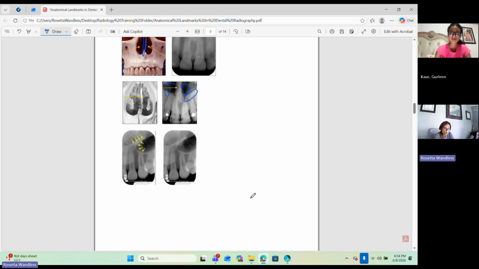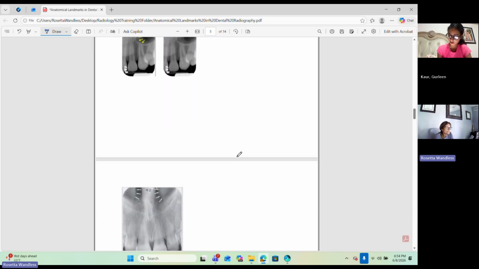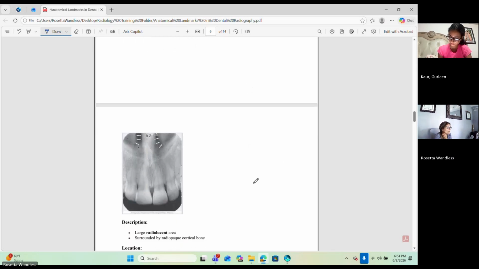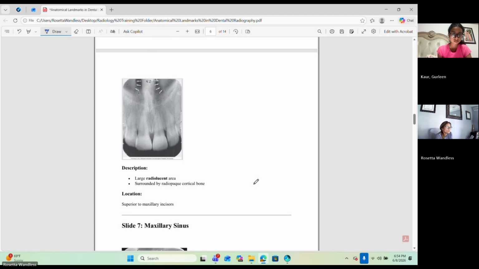The names of those bones are the sphenoid bone and the ethmoid bone, and they make up the floor of the skull, which in turn makes up the sinus cavity. The description is a radiolucent area surrounded by radiopaque cortical bone, which you can see in that nice little V shape.